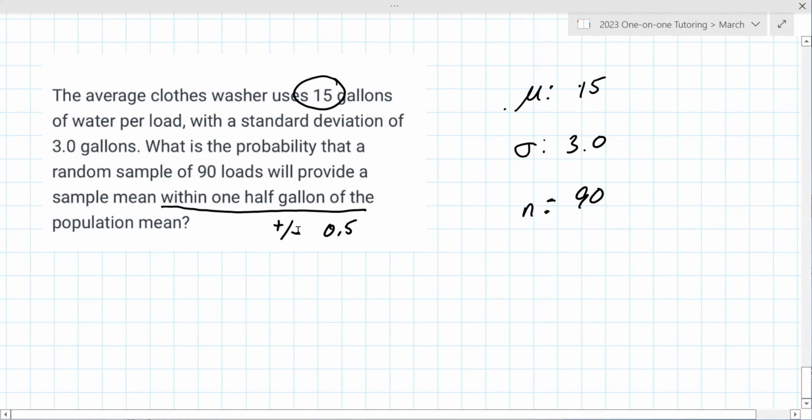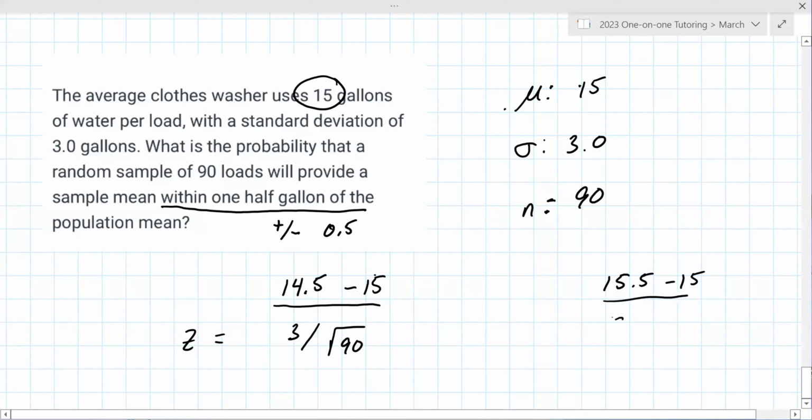So you take this value and you add it to or subtract it from this number here. And then it's still 3 divided by the square root of n.